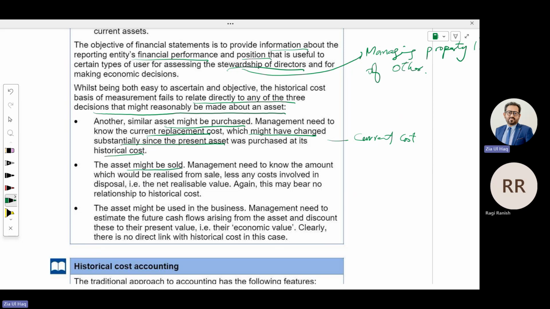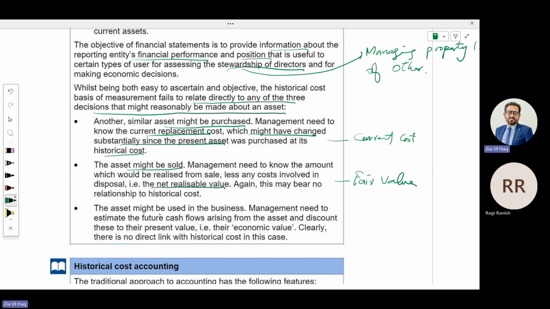We cannot sell at the carrying value, and for this we need to use the fair value method. Fair value less cost to sell, net realizable value. We need to know the amount which would be realized from sale, less any cost involved in disposal, i.e. net realizable value.